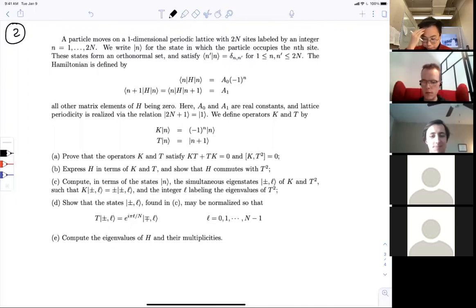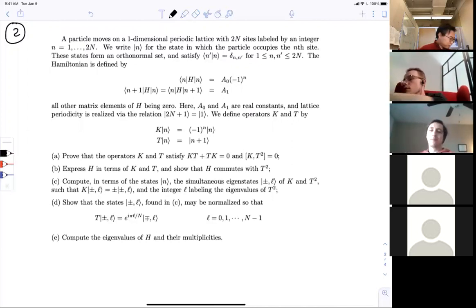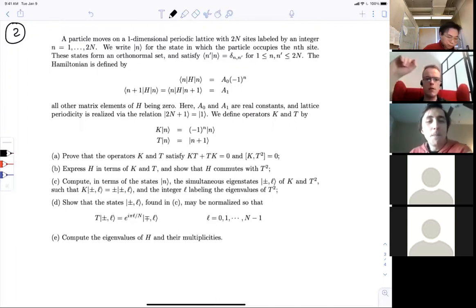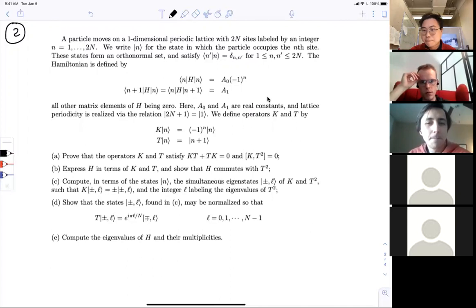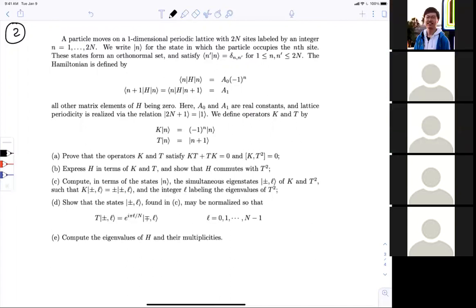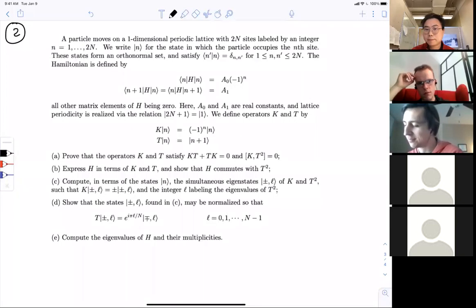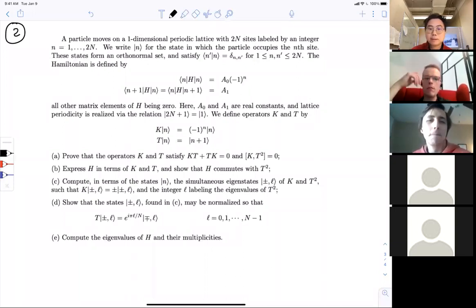How would you approach this problem if you had it in your exam? Just let me know if you find anything unclear.